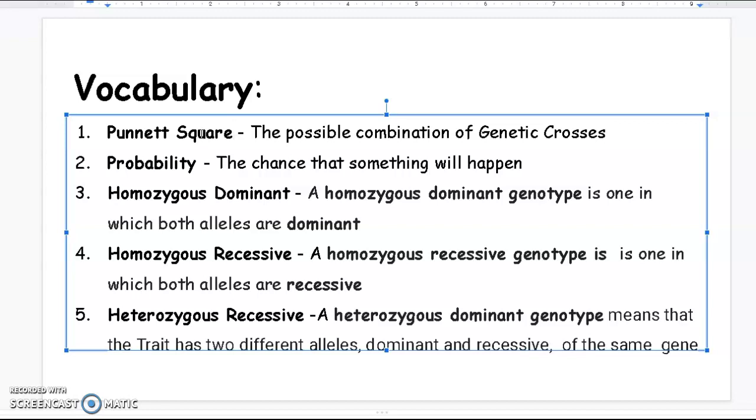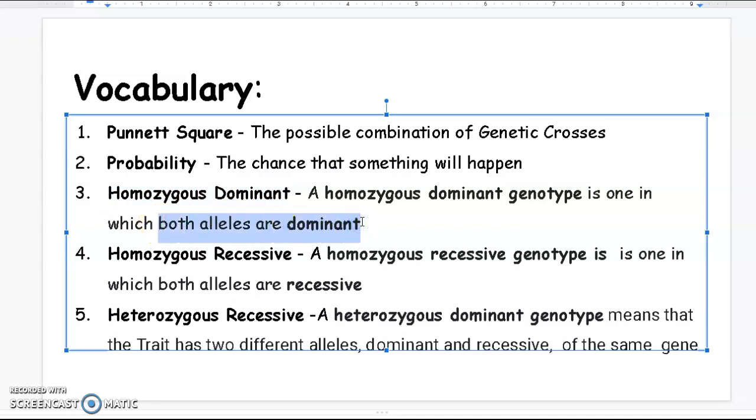When you're interpreting the combinations, on Thursday we talked about the word homozygous and the word heterozygous. Homozygous dominant means the offspring or the parent has both alleles dominant.